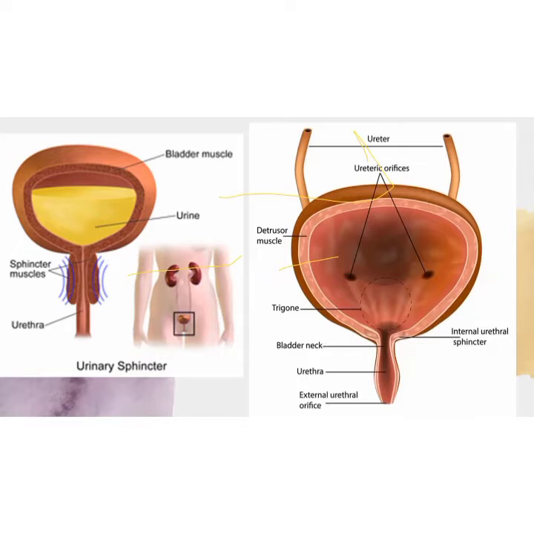The neck position varies between adults and children. In infants, the neck is at a higher level. In adults, the neck of the urinary bladder is at the level of the inferior border of the pubic symphysis.